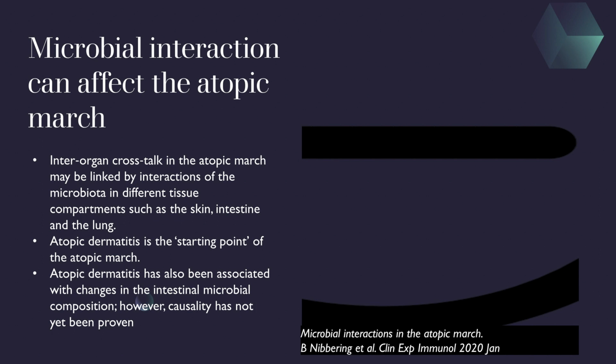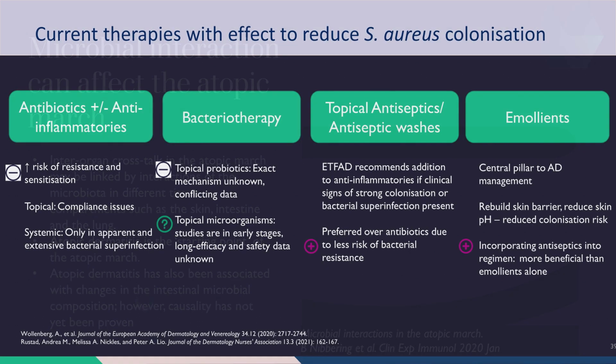It starts with eczema, and then it goes on to develop food allergies, asthma, allergic rhinitis, and other conditions as well, okay? So it's important to respect the skin microbiome. It is the most diverse, it is the largest organ, and just treating that properly does help to prevent the atopic march from progressing also, okay?